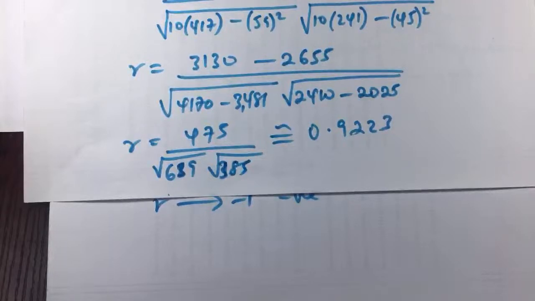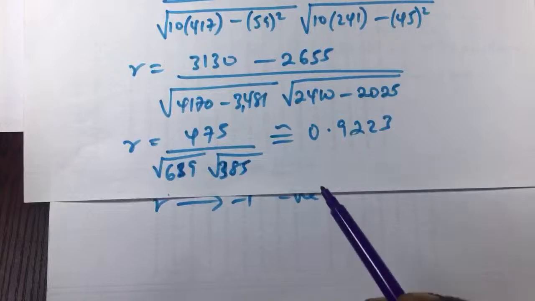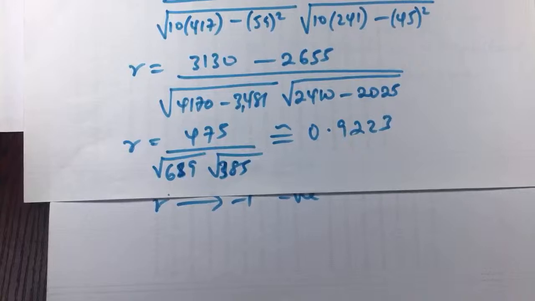And not only is it very strong, because the value we got is positive, we say it is strong and positive. So what if we got a value such as 0.2? 0.2 will be a weak but positive value. The closer your result is to 0, the weaker it is.